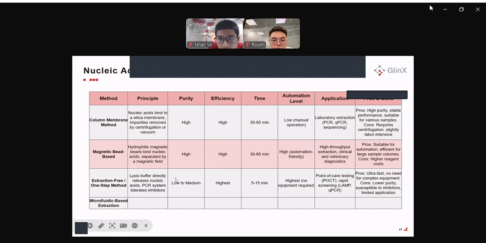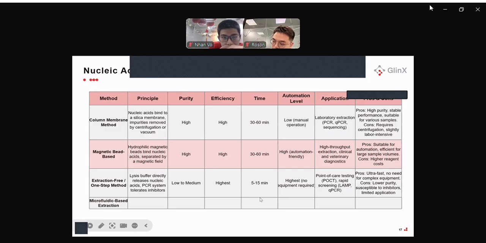So the purity of this kind of equipment and reaction system is really, really low. Like when we're conducting a blood test or a gastrointestinal samples test, all of those impurities, like the fecal samples, the proteins, the lipids within the sample region, will still be within the tube.